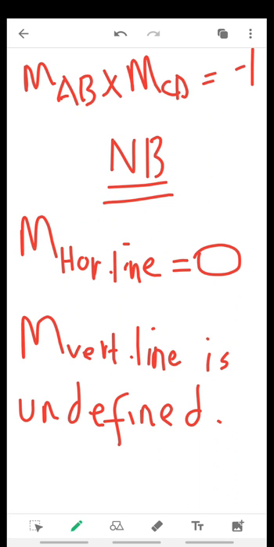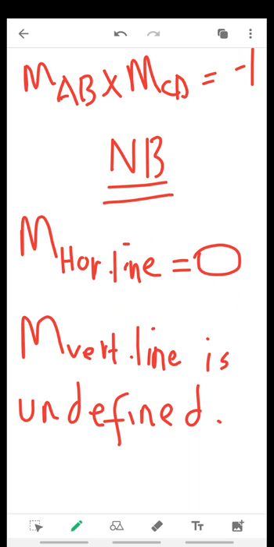We will ask you, is line so-and-so perpendicular to line so-and-so? What you need to do is multiply their gradients. If the answer is -1, then you can conclude that the line is perpendicular to the other line.